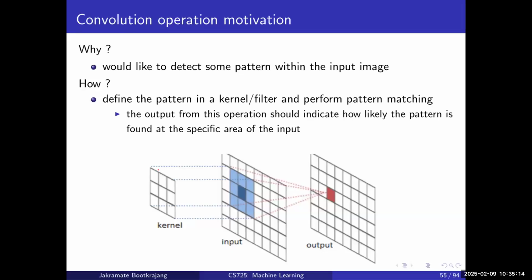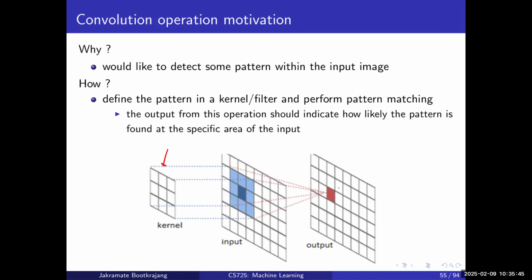So we have a kernel, a pattern, and you want to find where this pattern is in the image. What you do is you filter this kernel with the image. You get a response, one output, and the location with the highest response will be the location of that pattern.